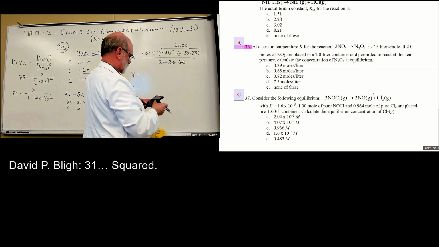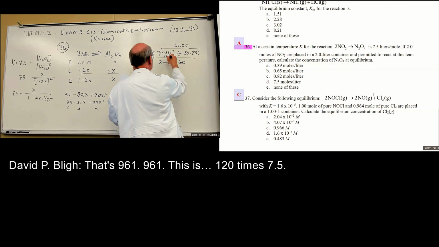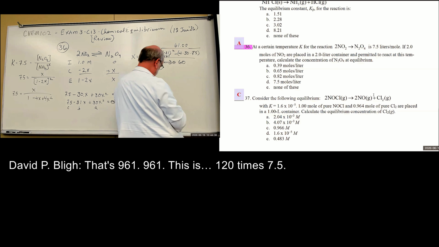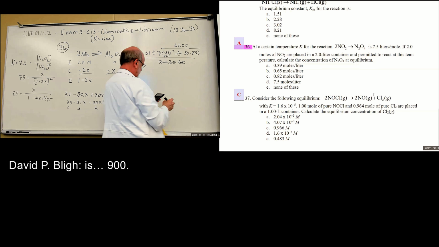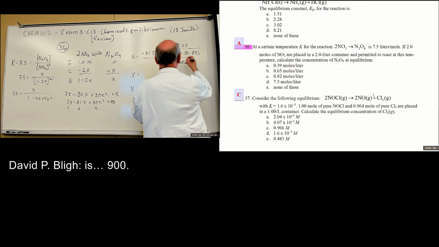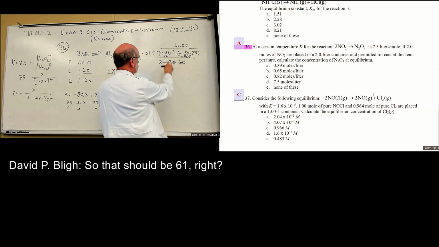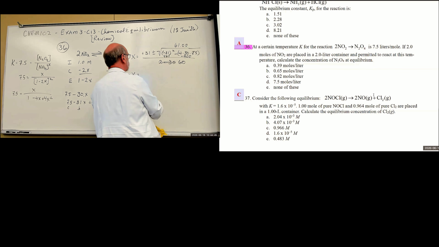31 squared. That's 961. 961. This is 120 times 7.5 is 900, minus 900. So that should be 61, right? 61. Okay.